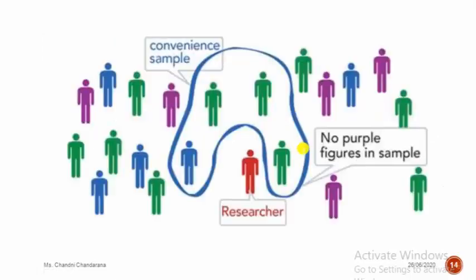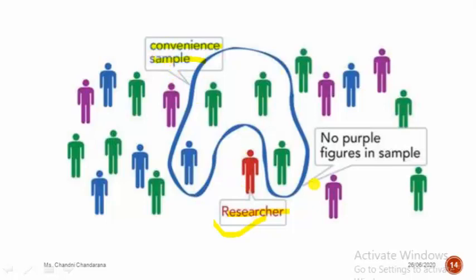For example, you can see from the diagram, this is the researcher. Now these are the convenience sample. Means whatever sample he or she is going to select will be convenient.